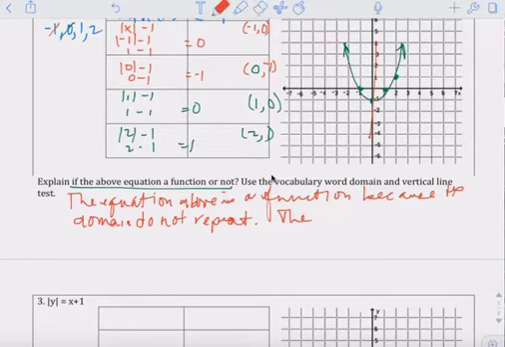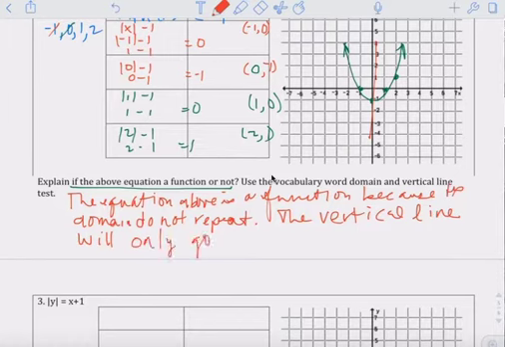If you draw any vertical line, it will only go through the graph once.